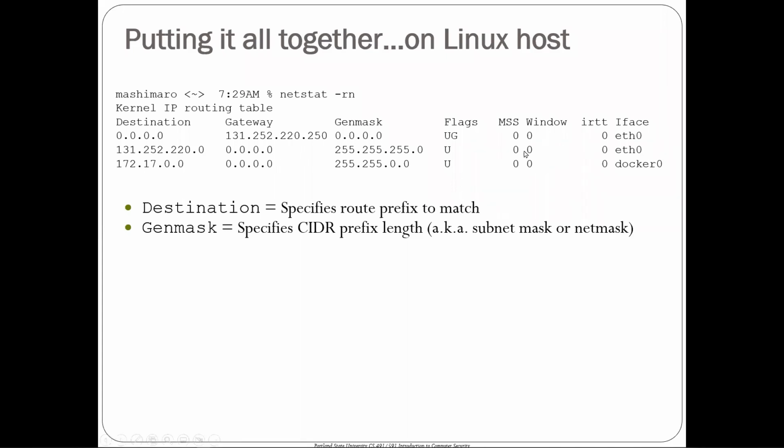And so the destination and the genmask together say what the CIDR prefix is. The genmask is basically setting all the bits that are part of the CIDR prefix. So when you see 255.255.255.0, this is the same thing as a /24. There are 8 bits here, 8 bits here, 8 bits here.